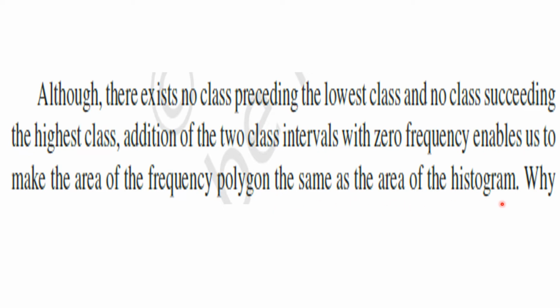We have to assume two class intervals with 0 frequency, one before the first class interval and one after the last class interval. This gives the area of the frequency polygon equal to the area of the histogram. Okay, my children, understood this point?